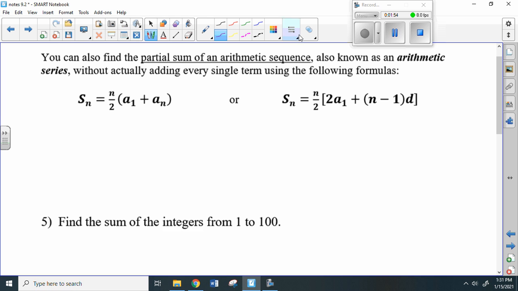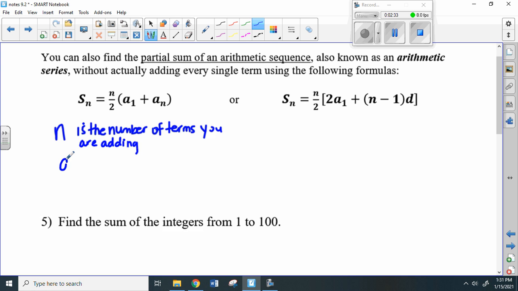I do need to go over real quick what everything stands for. You see the N, it's here and here. N is just the number of terms you are adding up. So if I want to find the sum of the first 10 terms in a sequence, then N would be 10.